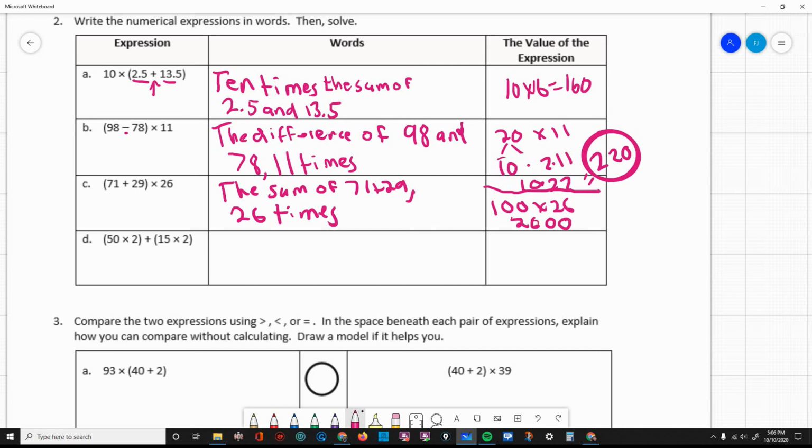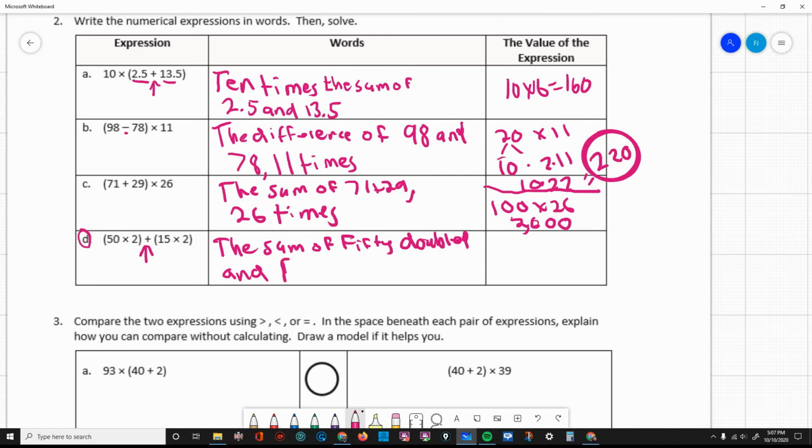All right. Last one, D. We have 50 times 2 plus 15 times 2. Well, we have another the sum of. So the sum of 50 doubled, or 2 times 50, you can put either one, and you should write it in word form.